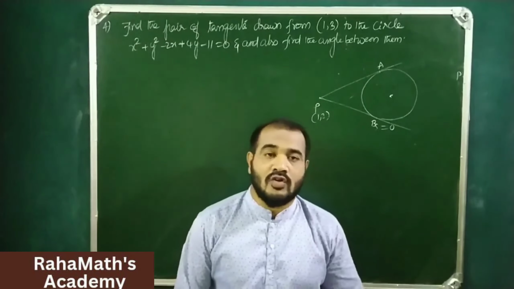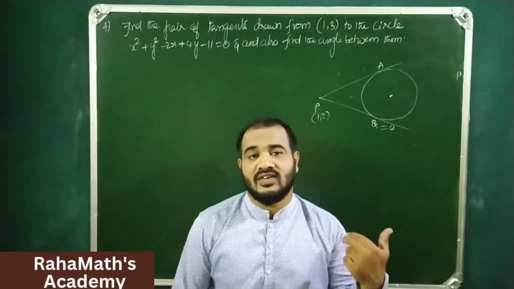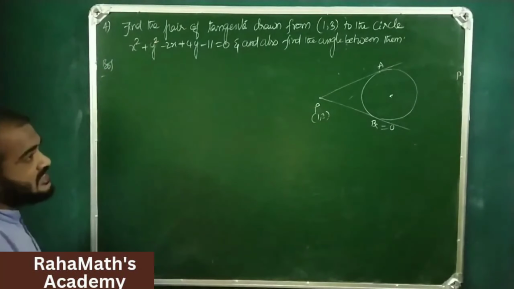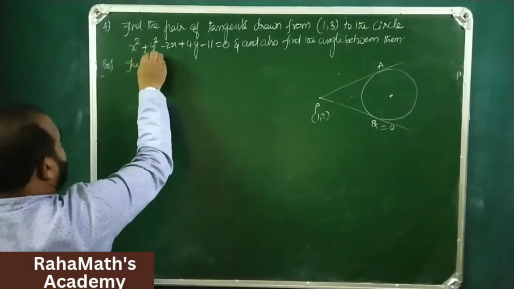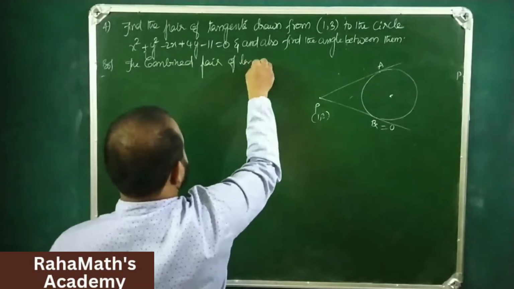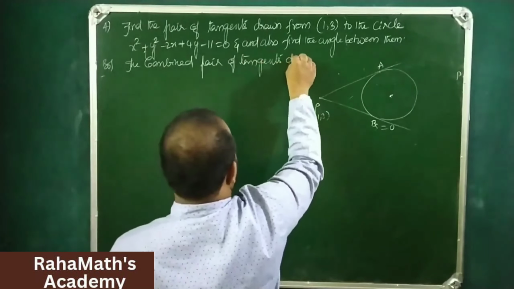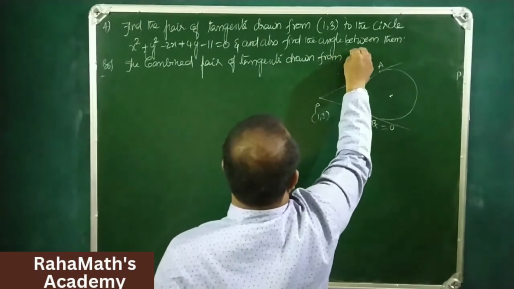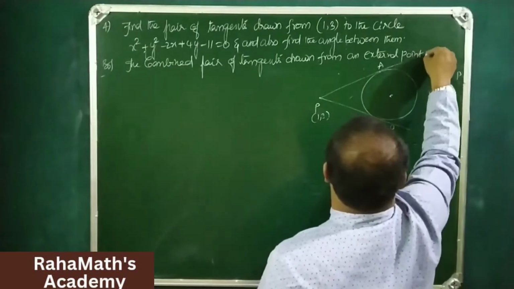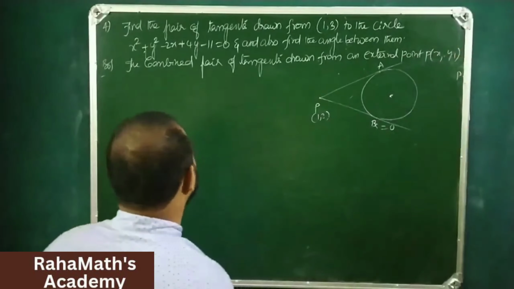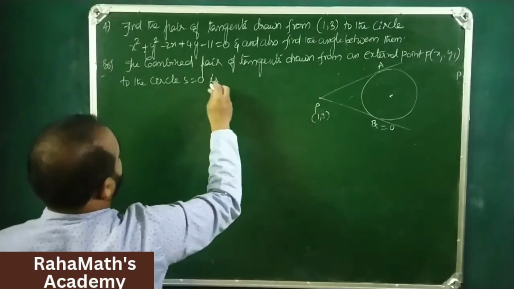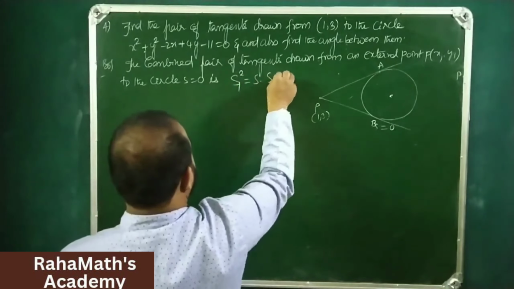The combined pair of tangents drawn from the external point P(x1, y1) to the circle S equals 0 is S1 square equals S into S11.